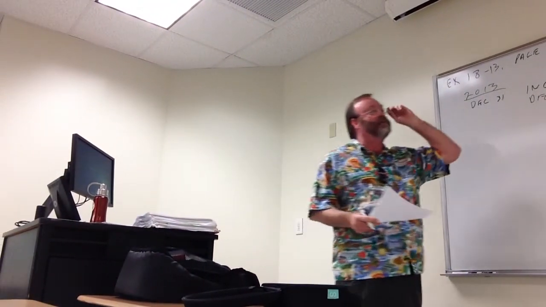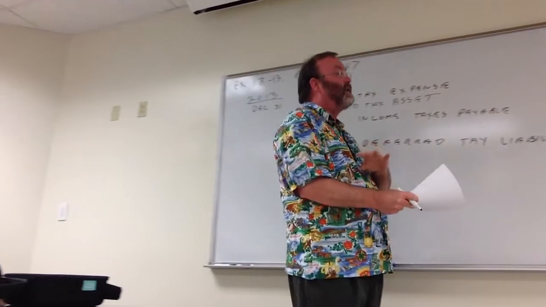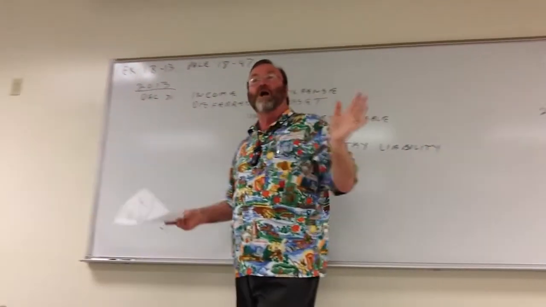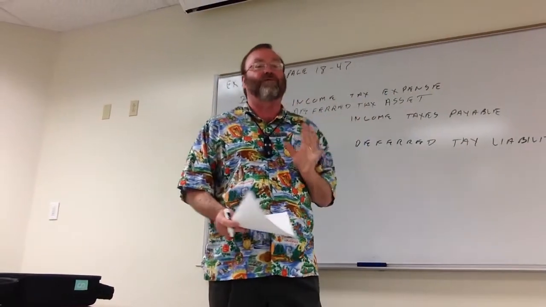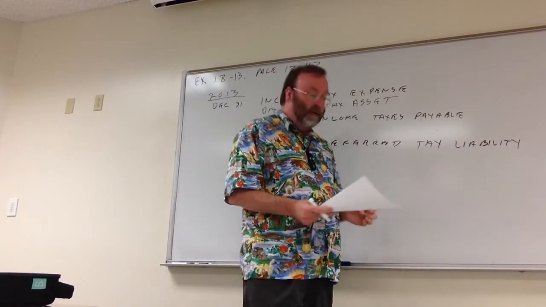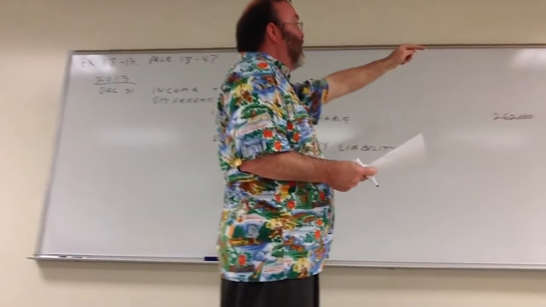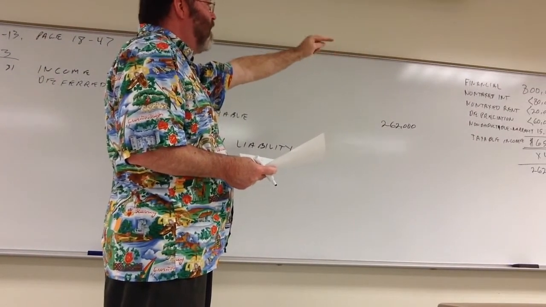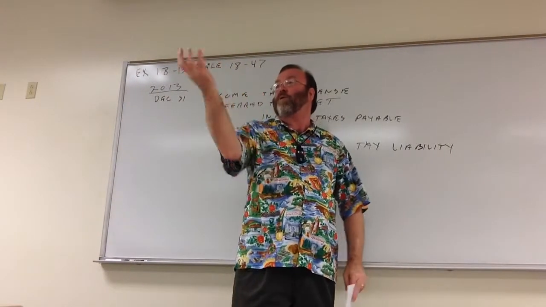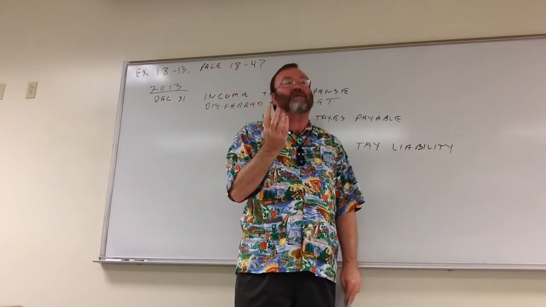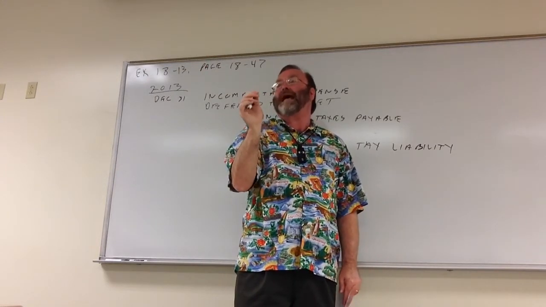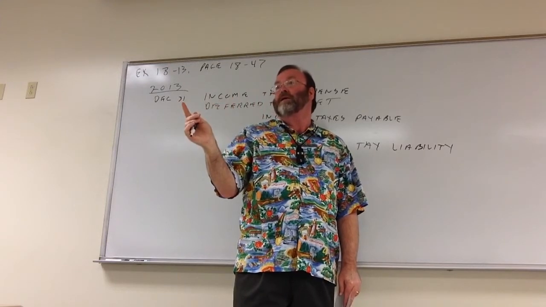All right, the $80,000 permanent difference does not create a deferred tax asset or a liability. So there is no journal entry needed for the $80,000 because that's never going to be taxed. All right? So on the non-taxed rent, what happened was last year when we took that $40,000 that we collected in rent in advance and we paid taxes on it, we created a deferred tax asset for that rent.